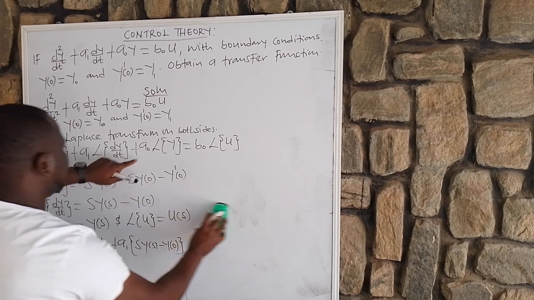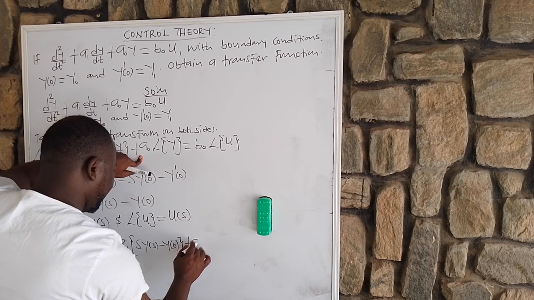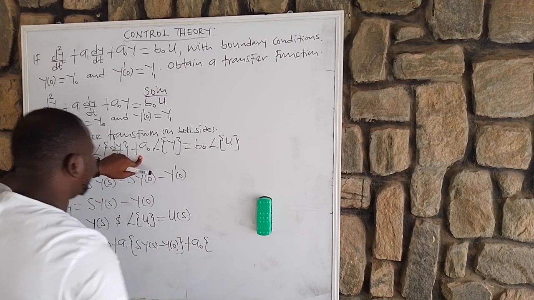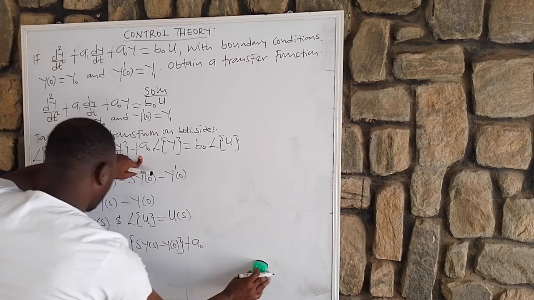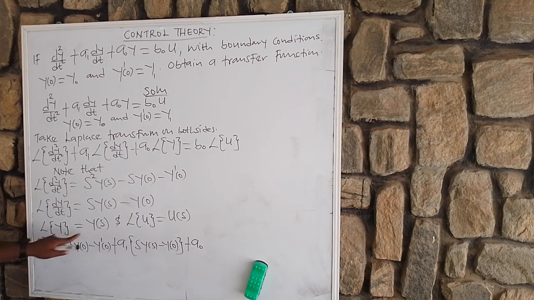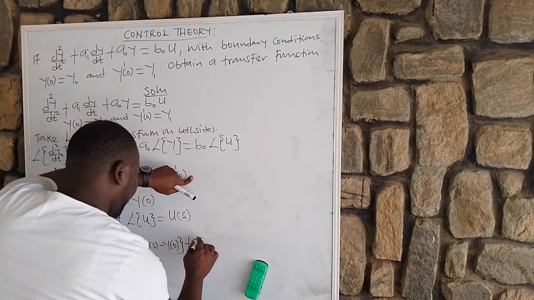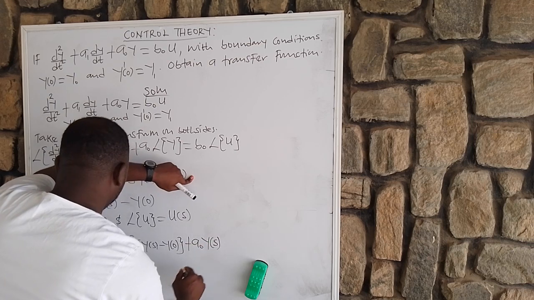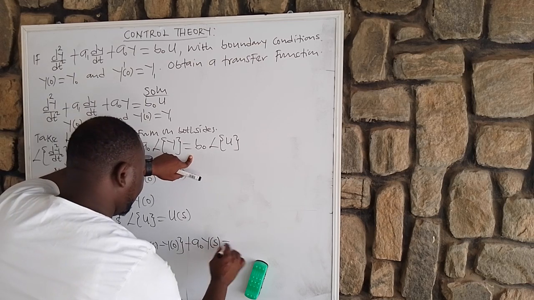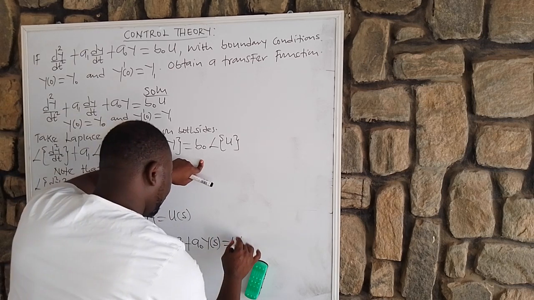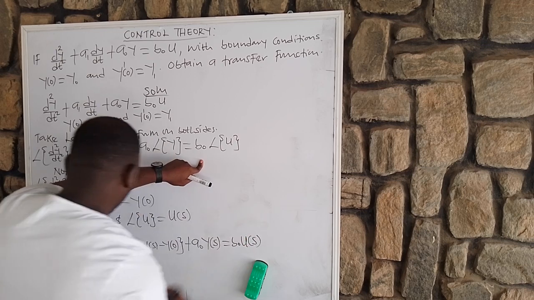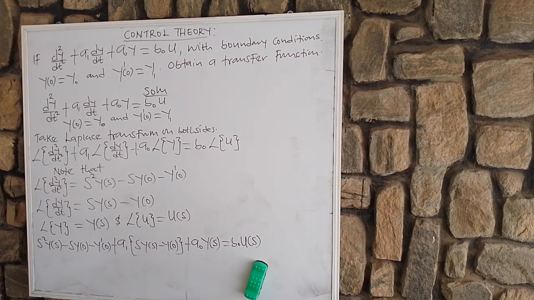Then a naught times Y of s, equals b naught times U of s.